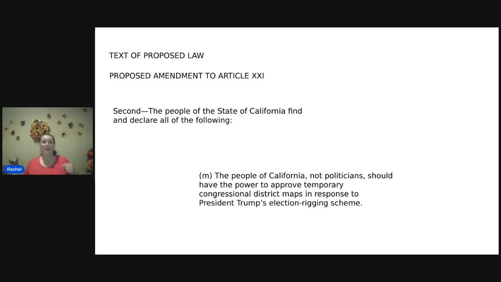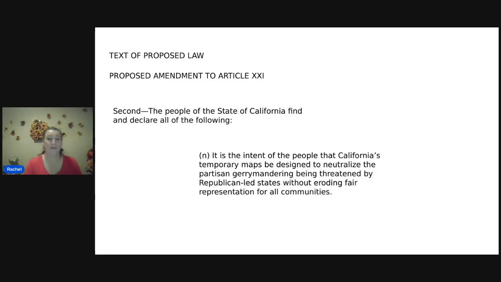M. The people of California, not politicians, should have the power to approve temporary congressional district maps in response to President Trump's election rigging scheme. N. It is the intent of the people that California's temporary maps be designed to neutralize the partisan gerrymandering being threatened by Republican-led states without eroding representation for all communities.